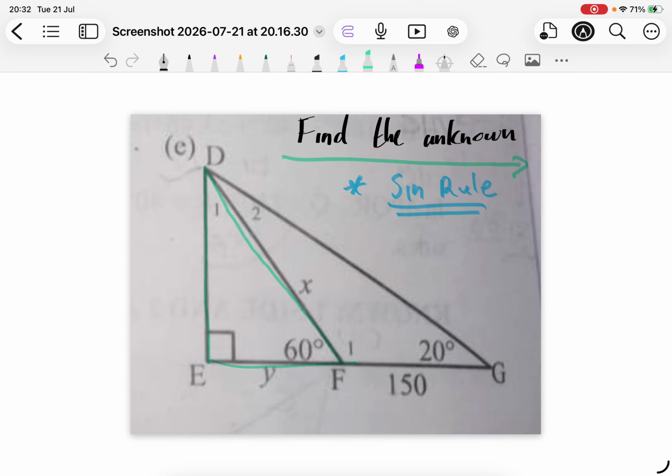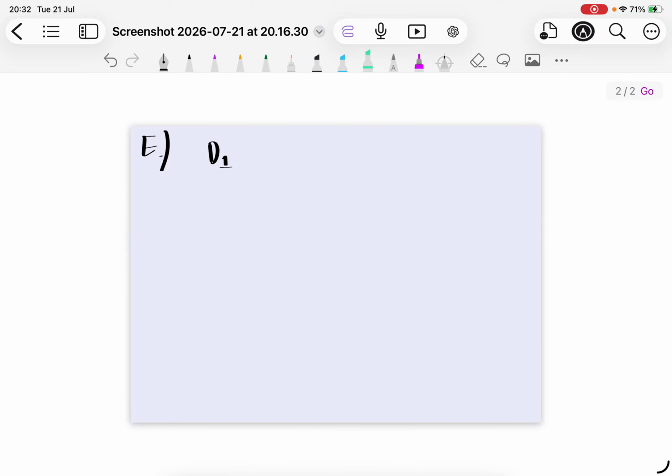D, E, F. Some angles of a triangle, I've got 90 and 60. So I'll simply say D1 is equal to 180 degrees, because that's the entirety of a triangle, minus 90 degrees, which is the right angle, minus 60. And then my reason is some angles of a triangle, right?